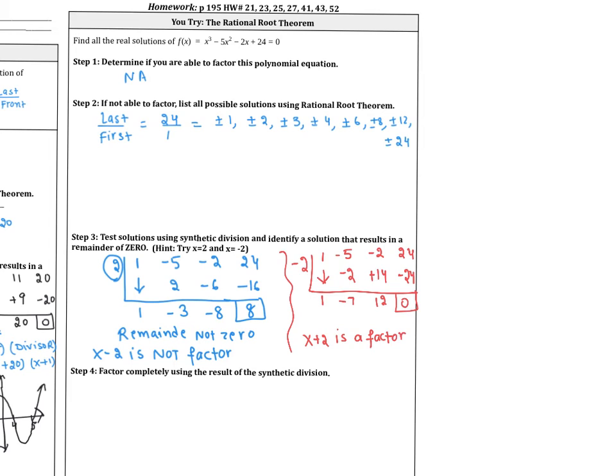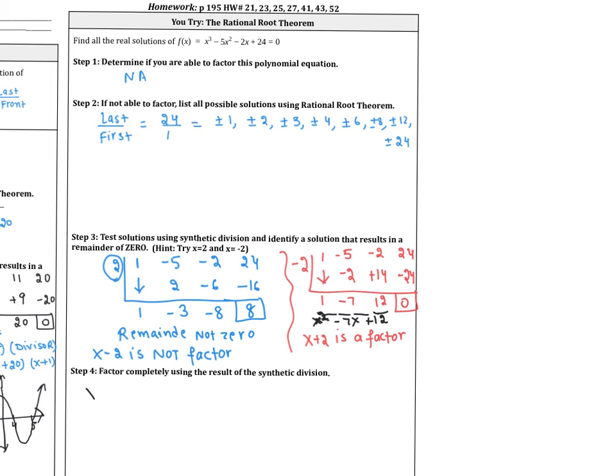So we got one linear factor, but the other factor should come from the quotient, and you know that we can write this quotient as x squared minus 7x plus 12.